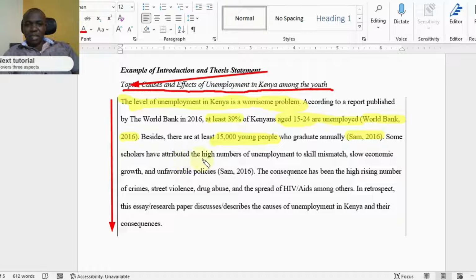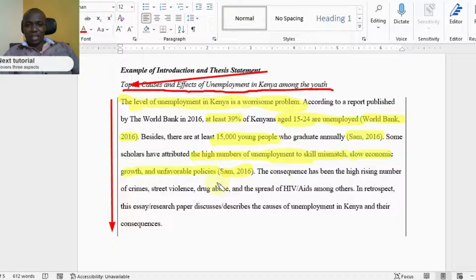Some scholars have attributed the high number of unemployment to skill mismatch, low economic growth, and unfavorable policies. I've stated Sama, again 2016, is among those writers who have found that.